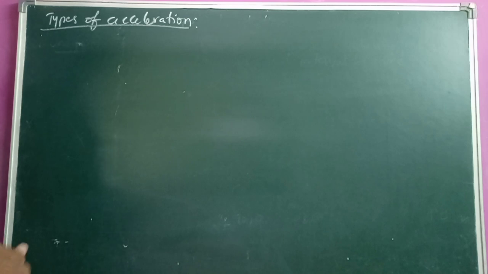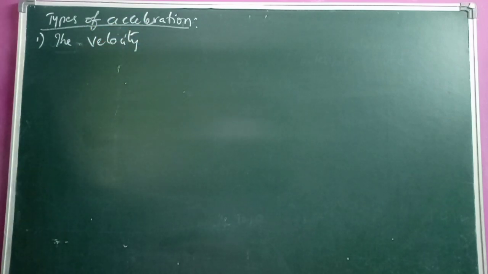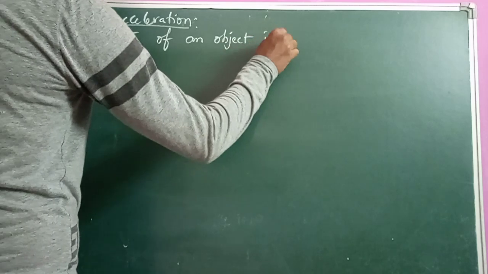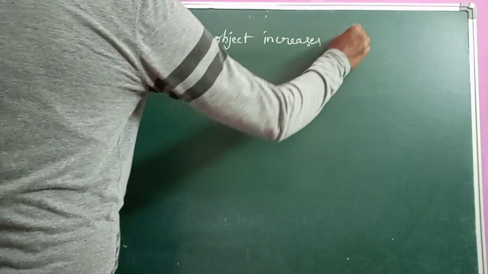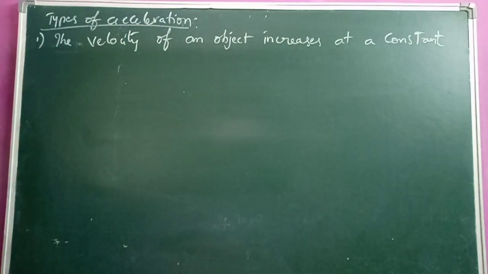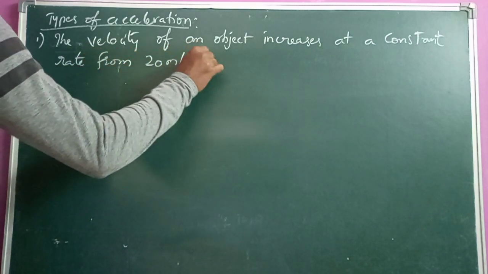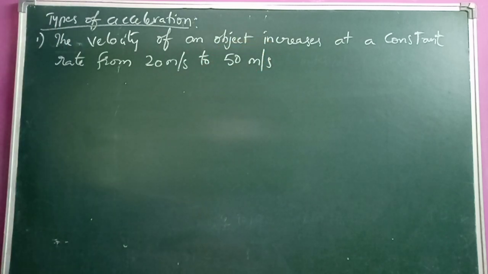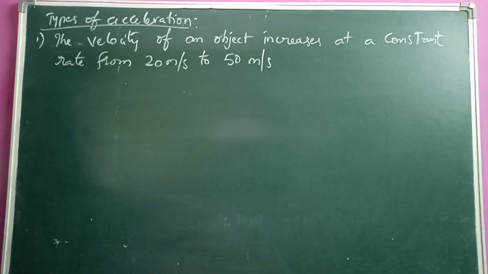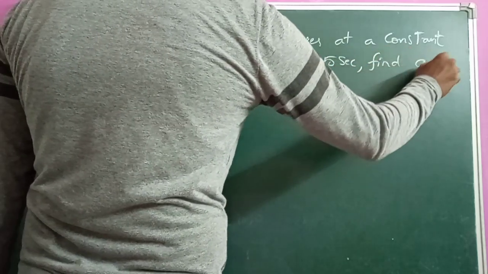First one: the velocity of an object increases at a constant rate from 20 meter per second to 50 meter per second in 5 seconds. Find acceleration.